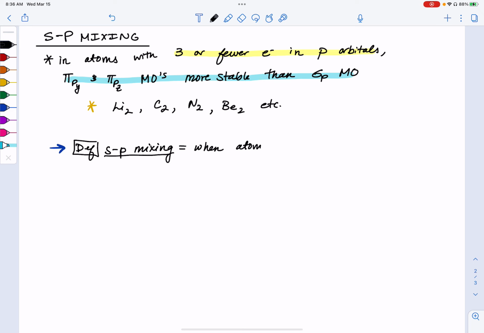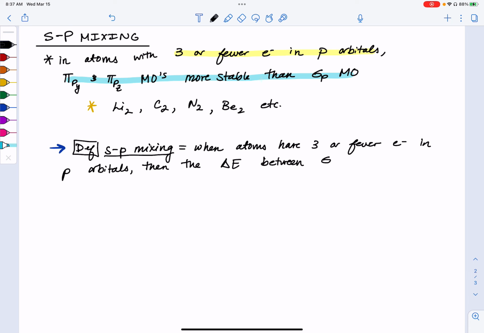When the atoms that are coming together have 3 or fewer electrons in their p orbitals, then the difference in energy between the sigma s and sigma p molecular orbital is pretty small.